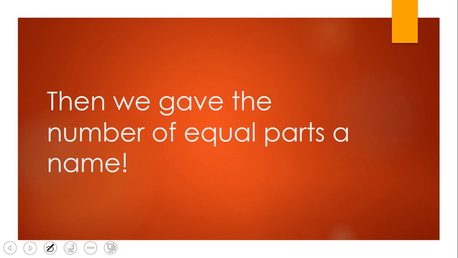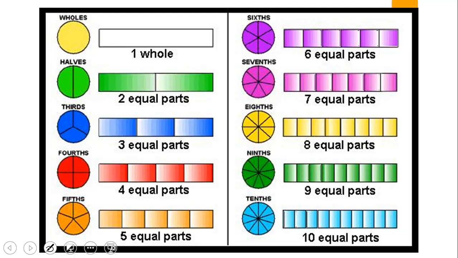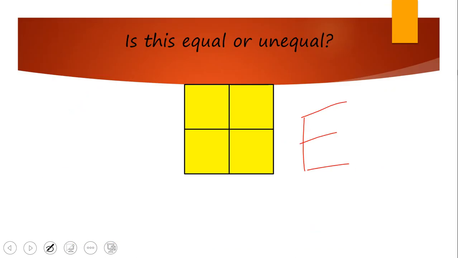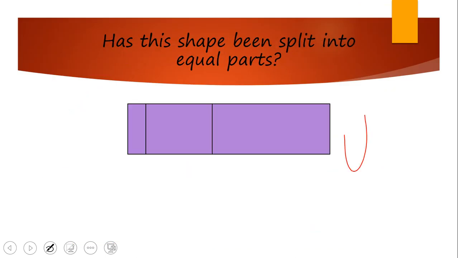Okay, so then we gave the equal parts a name, and this is where the fancy fraction names come in. So remember, we had halves, thirds, fourths, fifths, sixths, sevenths, eighths, ninths, and tenths, which is actually most of the words on our vocabulary list. Sixth, seventh, eighth, half, fifth, quarters, thirds, tenth, ninth, those are all on there, okay?